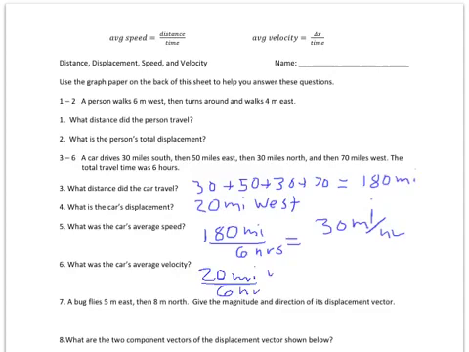That's 20 miles west, I should point out. And if we say 20 divided by 6, we'll get 3.3 repeating miles per hour west. With a vector quantity like displacement or velocity, we are required to include the direction. Alright, let's see what we got next.